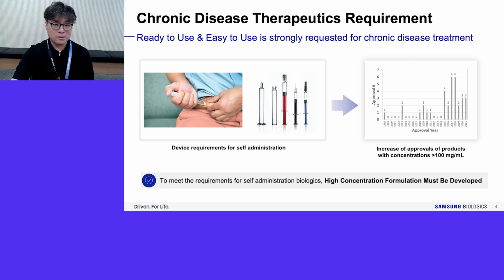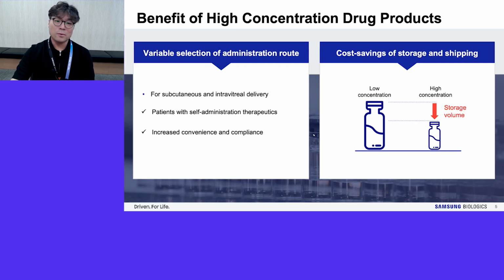To meet their expectation, since only 1.5 or 2 ml is possible using sub-Q, the protein concentration must be increased compared to IV infusion. So, high concentration formulation also opened the door to further options, such as self-administration therapies, which lead to improved convenience and compliance.